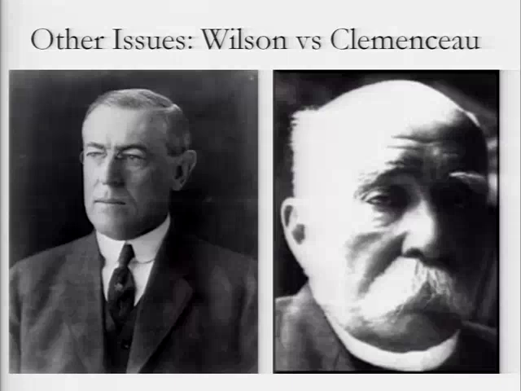I don't have this on the slide, so I'll spell this for you. The Kaiser, William II, is gone. He's in exile. He abandoned the throne, and he went to Holland. The German High Command, that is the military, has been defeated, and they are now gone as well. They're no longer in power in Germany. So what is going on in Germany?